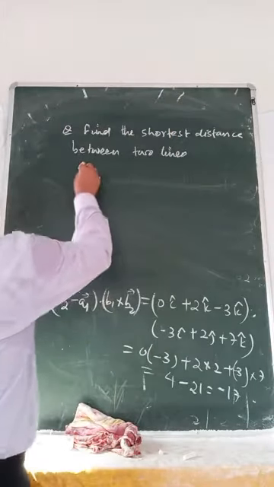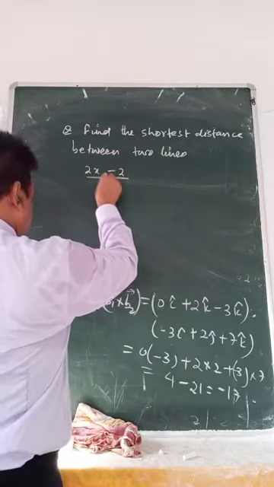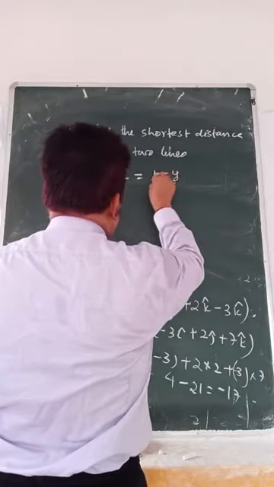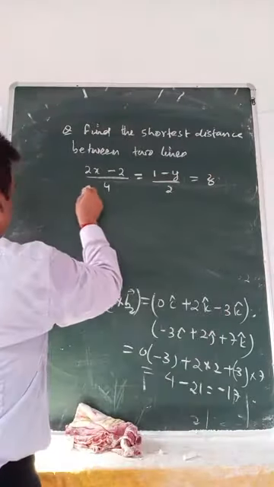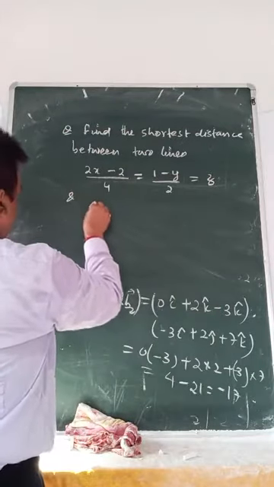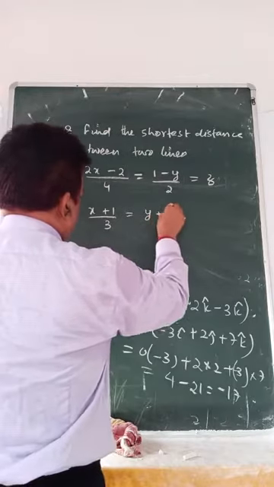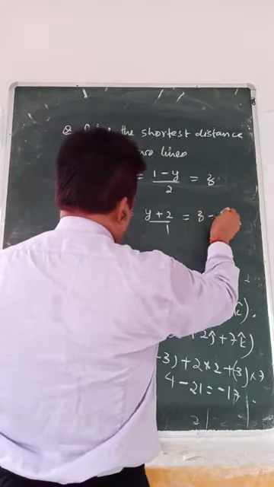What is that? (2x minus 2) by 4, (1 minus y) by 2 equals z, and (x plus 1) by 3, (y plus 2) by 1 equals z minus 3.